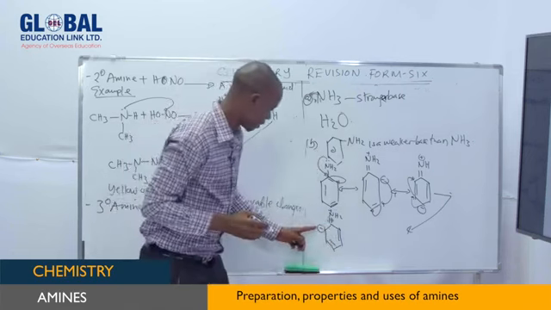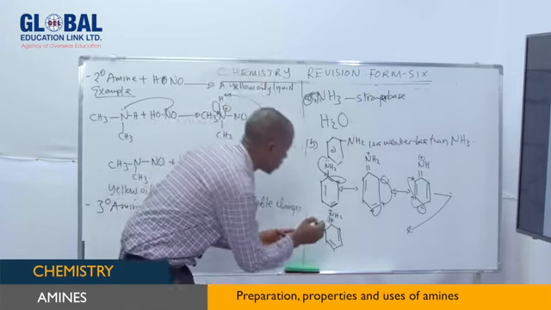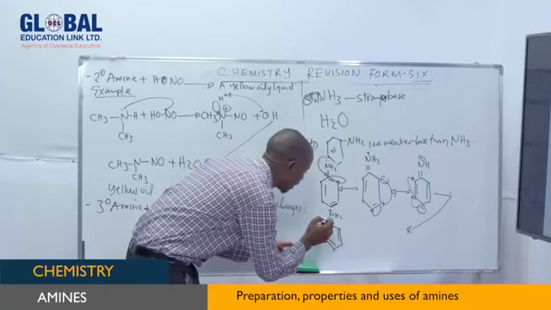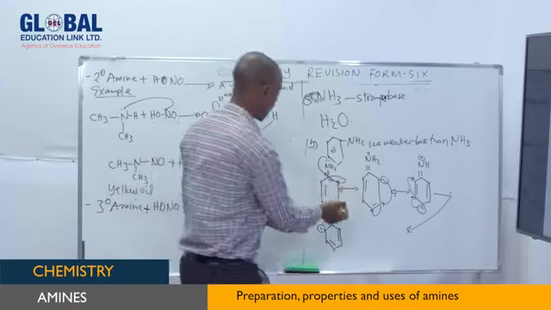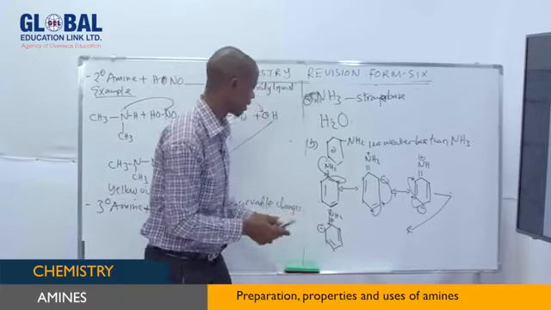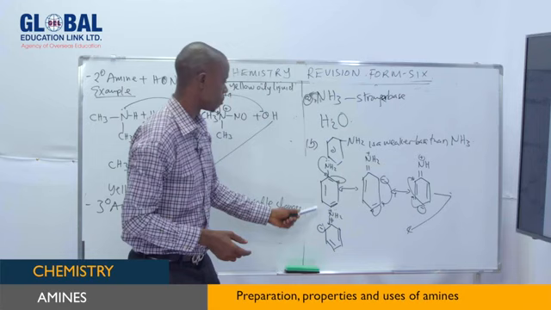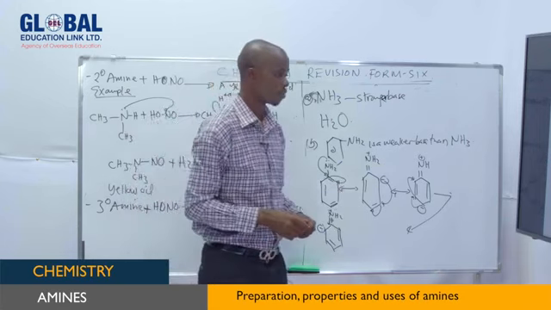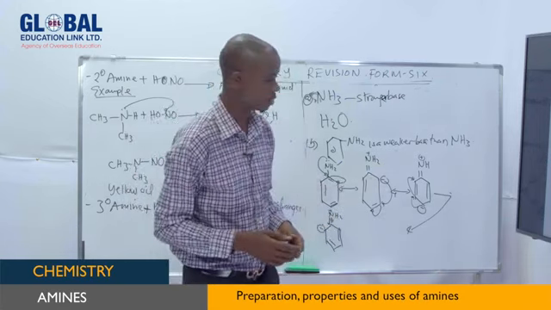Yes. From here, it can come back here and come back here as well. So it returns to its normal. So you can see there. So that's why we say that in aniline, the lone pair is not available because it is involved in mesomerism. So that is very simple to explain, my dear students.